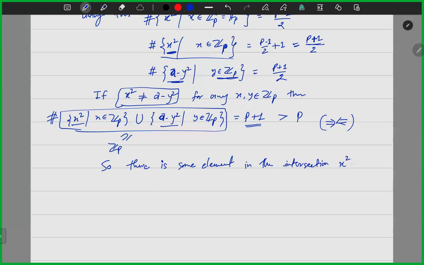So x square will be equal to some a minus y square. That's all.